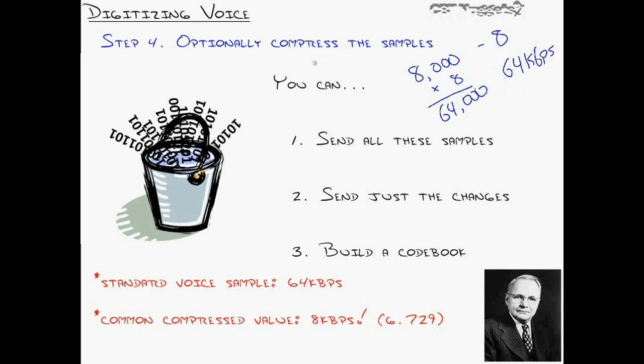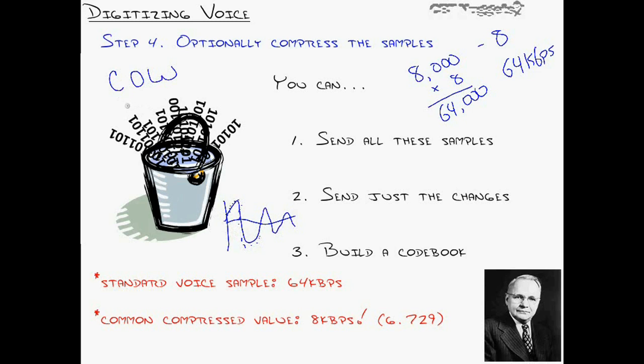But we can optionally compress the samples, because if you think about it, you've got that analog signal going like this, up and down, up and down. If you're taking 8,000 samples, that's a lot every single second. Each one of those samples is probably about the same. For example, if I were to say the word cow, it takes about a second to say that word.